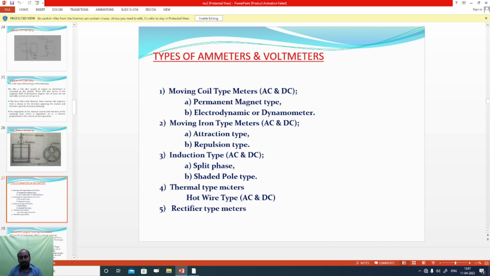Then moving iron type, which is classified as attraction type or repulsion type. Third is induction type, which is classified as split phase or shaded pole type. Fourth is thermal type, which contains hardware type instruments, AC and DC instruments, and rectifier type of instruments.